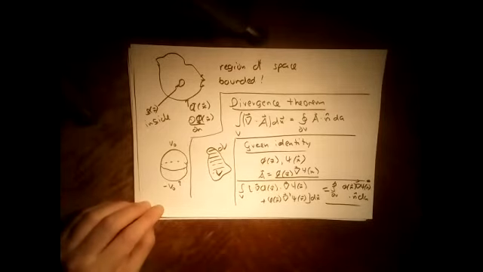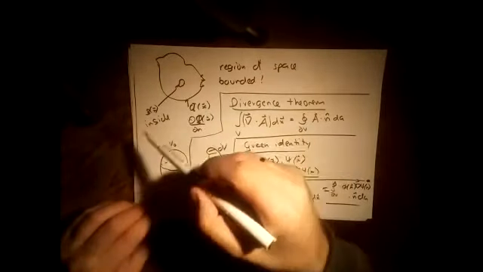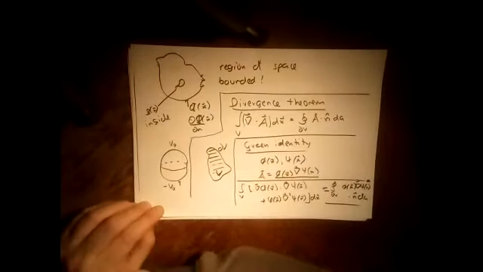Now let's think a little bit, because how do we actually fix a potential on the boundary of a region? Well, we have to arrange the charges in a particular way outside of the region.